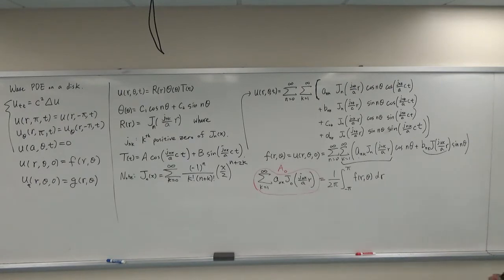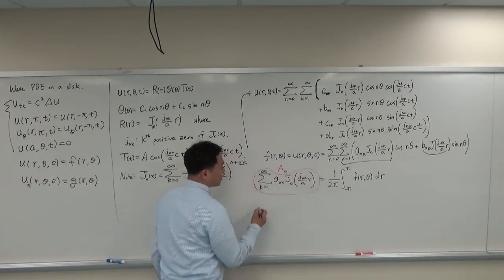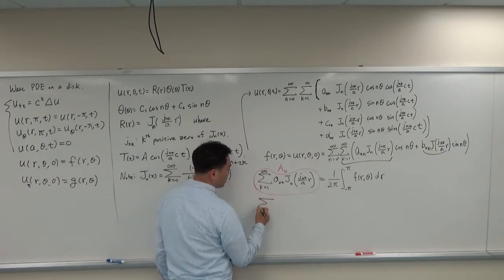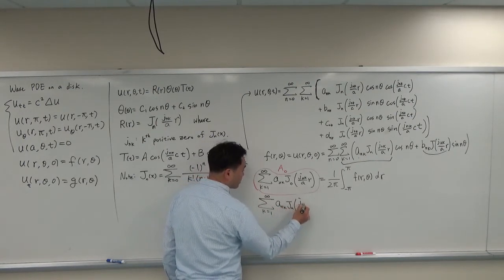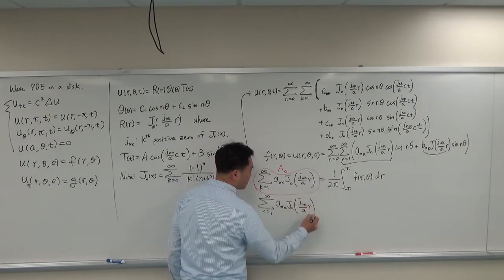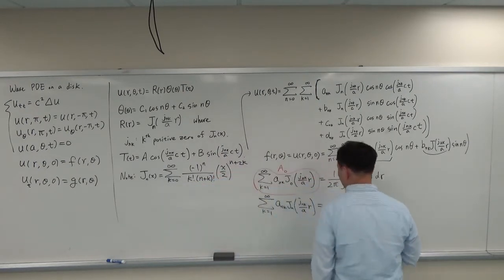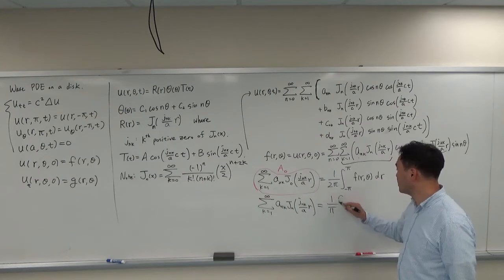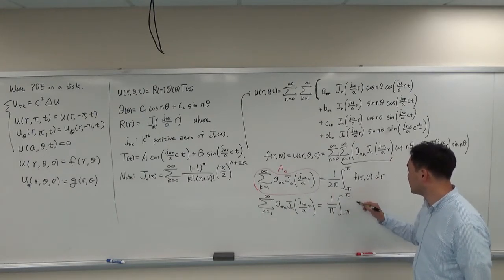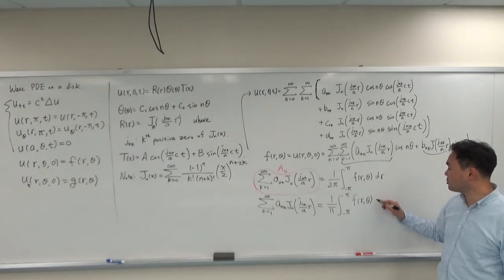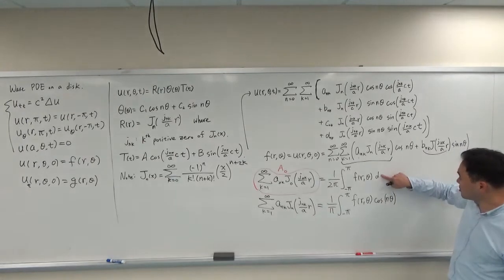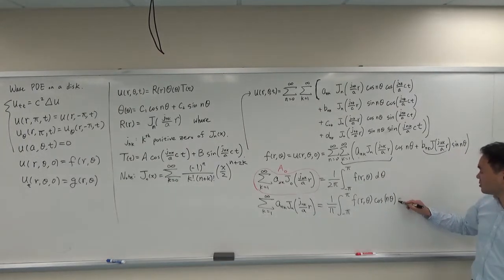Okay. And then the next one would be the sum over k equals 1 through infinity of a_nk J_n(λ_nk r/a), which equals 1 over pi, integral from negative pi to pi, of f(r, theta) times cosine of n theta d theta.